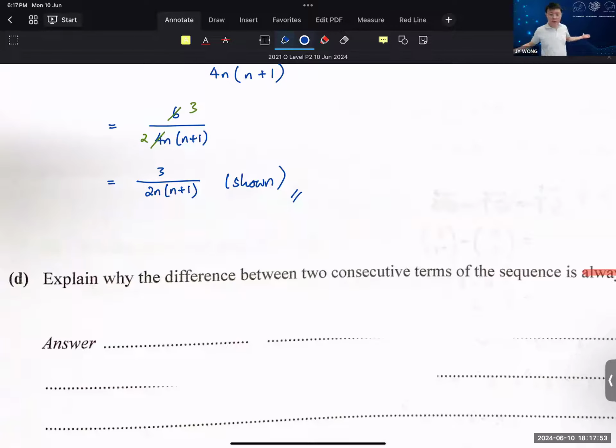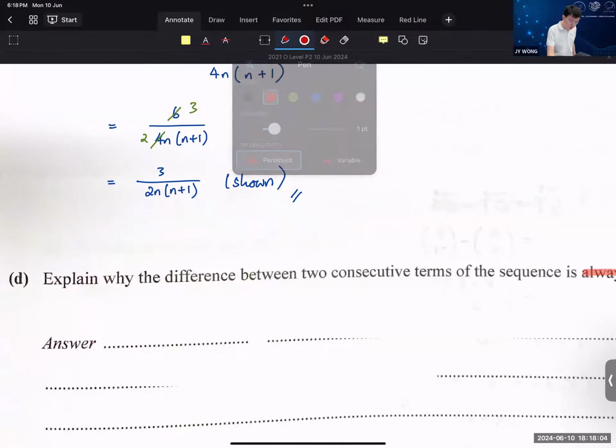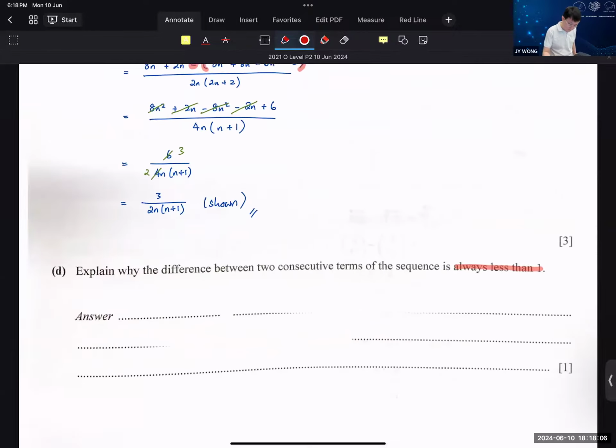Why can it not be negative? 2n times n plus 1 will always be positive because n is always more than or equal to 1. So the first thing you must understand here is that n is always more than or equal to 1, and n is an integer. N is a positive integer because n refers to your term number.